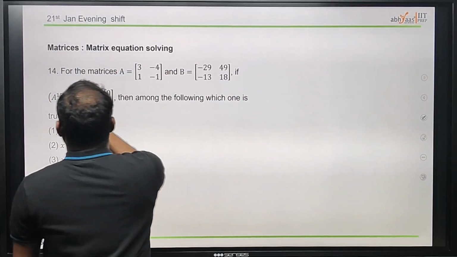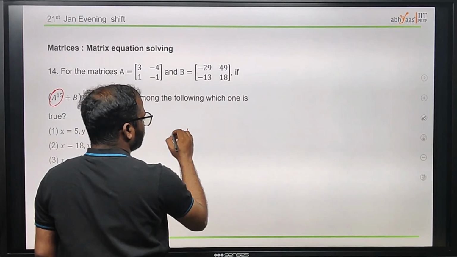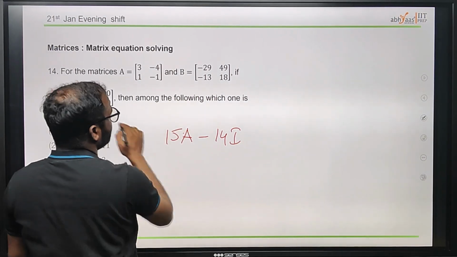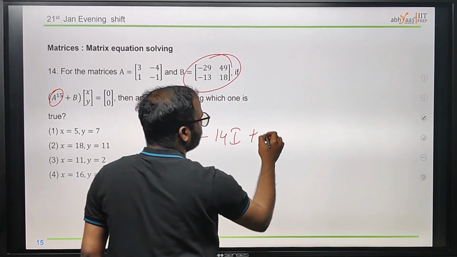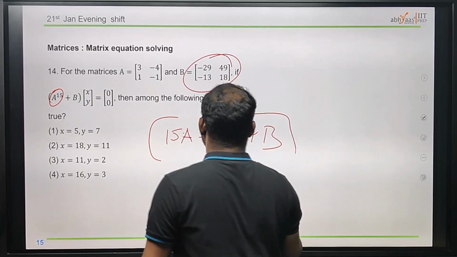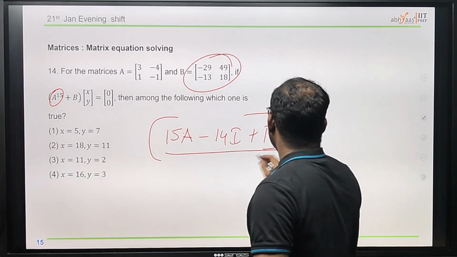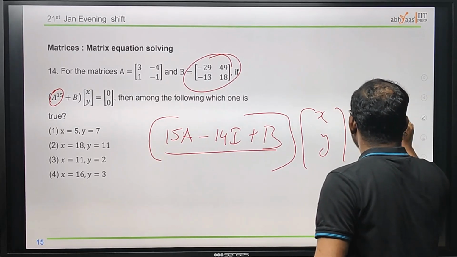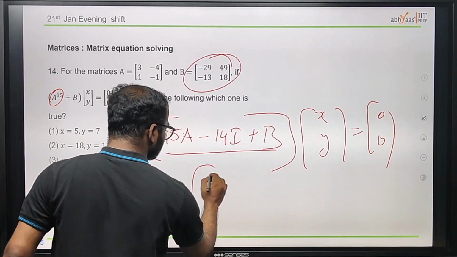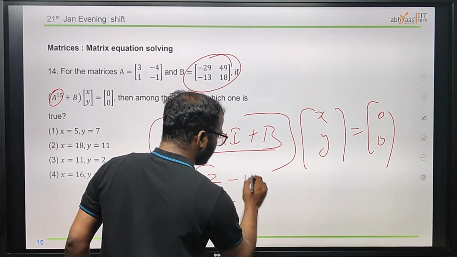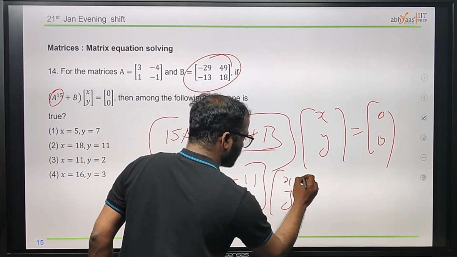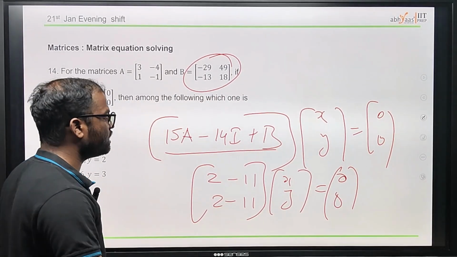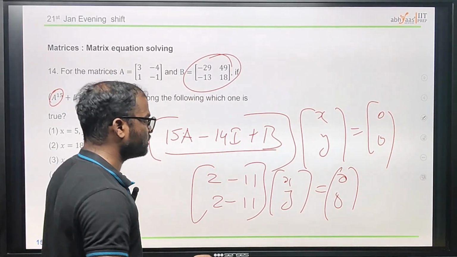This will be 15A minus 14I plus B. Just add these things in order to find x, y and 0 comma 0, you need to find, we will have 2 minus 11, x, y equal to 0 comma 0. If you see here we have infinitely many solutions, therefore we have only one equation here for that.